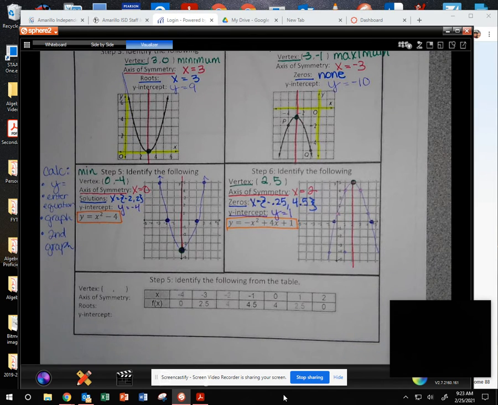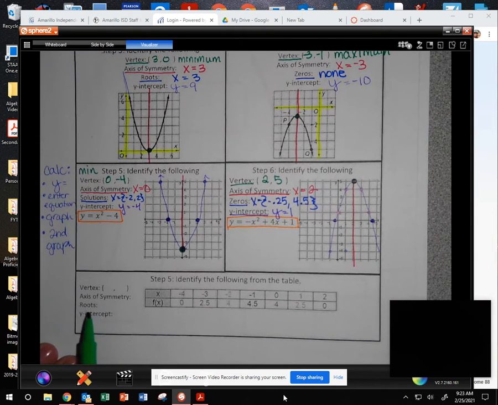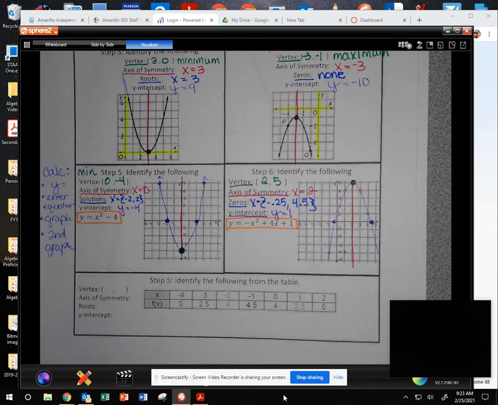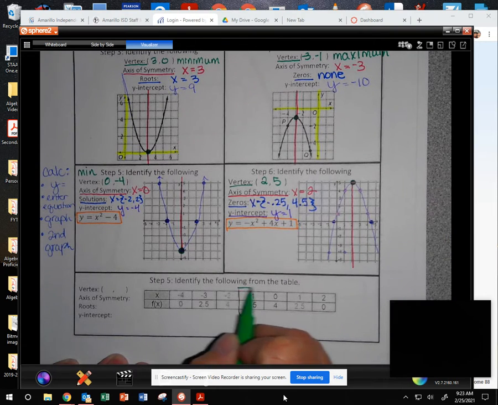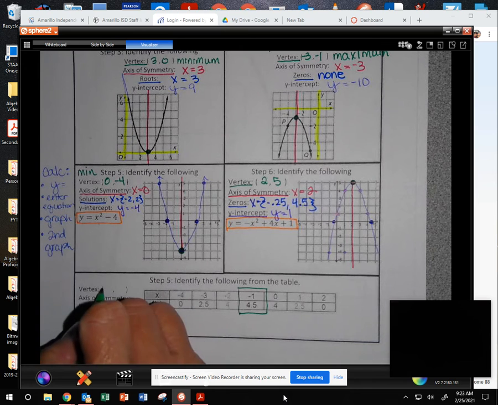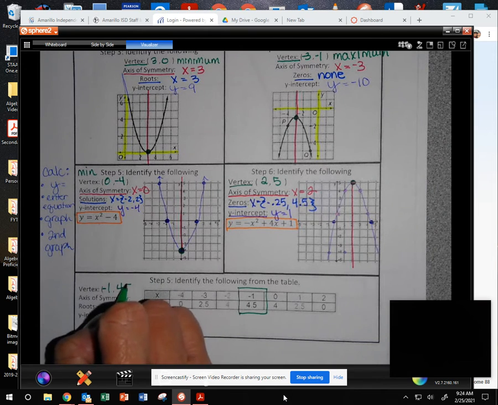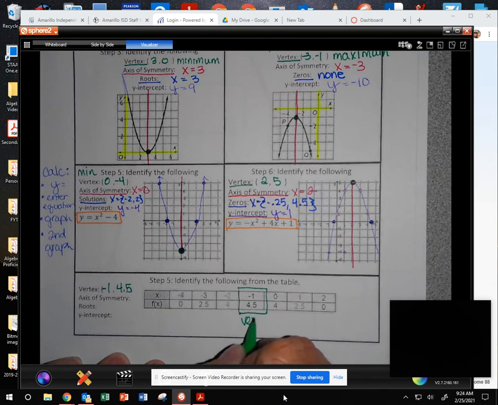Okay. If I'm looking at this table, I want to find out what my vertex is, my axis of symmetry, my roots, and my y-intercept. Okay, so your vertex is always going to be your middle point. So on this table, what is my middle point? My vertex is -1, 4.5. Okay, so it's always my middle point.